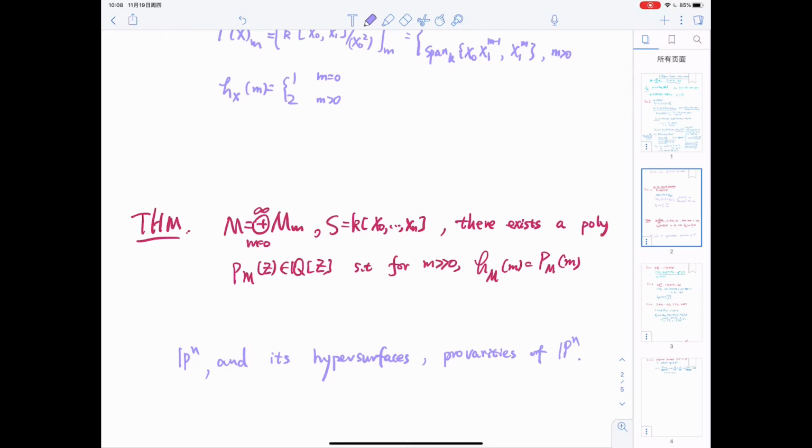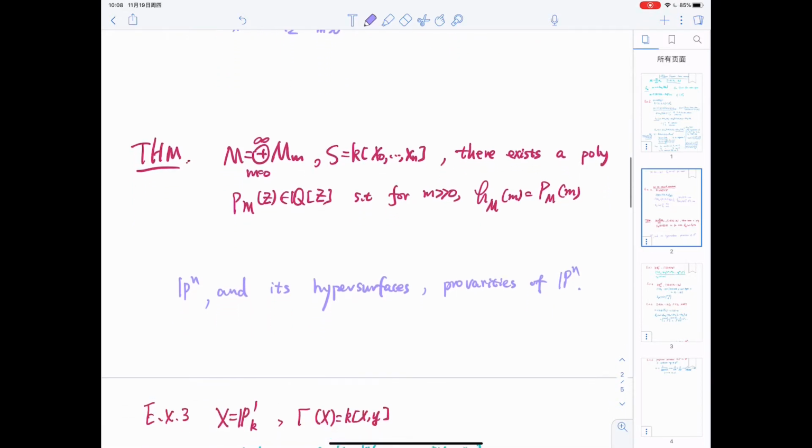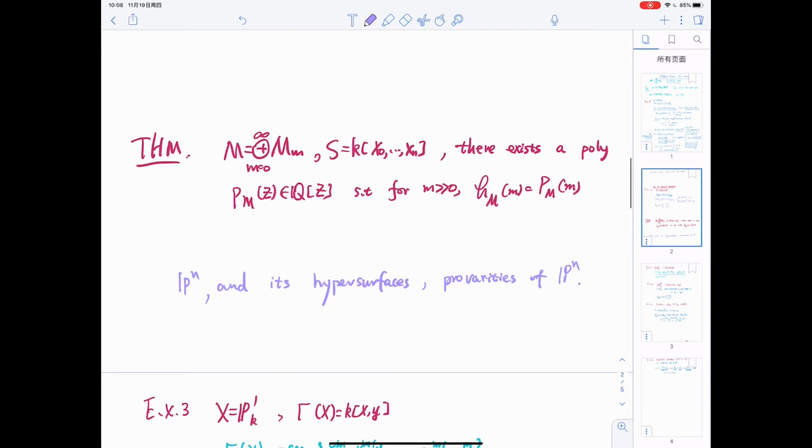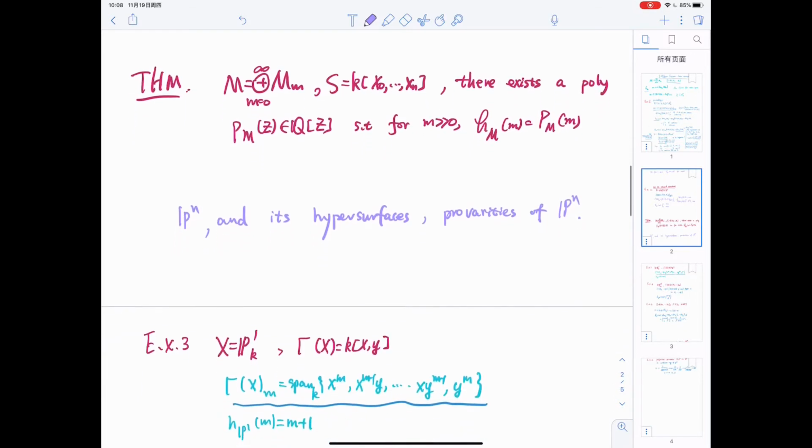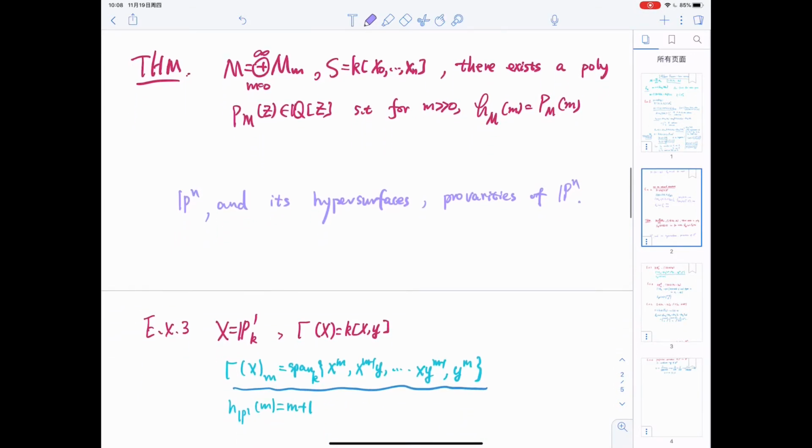In the previous examples, the Hilbert polynomial and the Hilbert function do not coincide, but there are cases when they are exactly the same, as in the following examples. We take X to be the projective line, and the coordinate ring is Gamma(X) equals k[x,y].